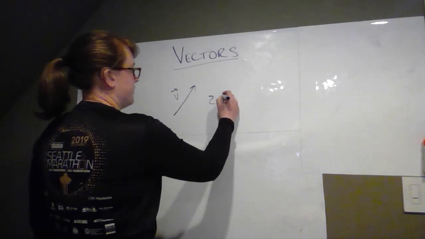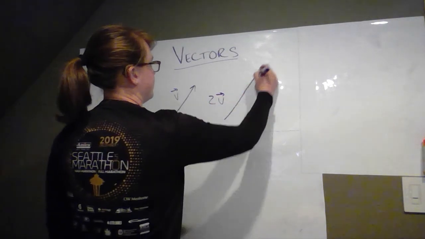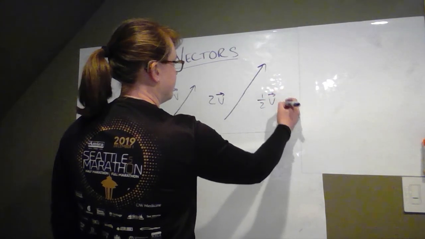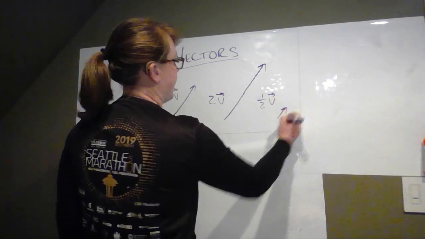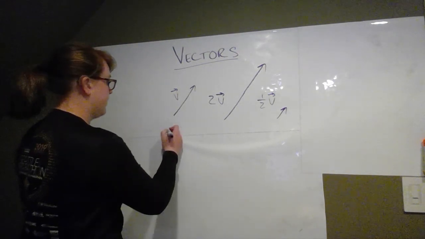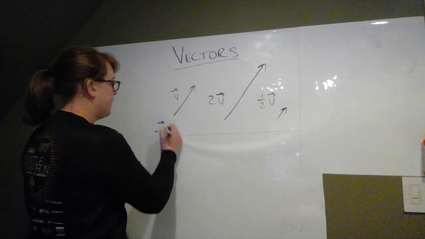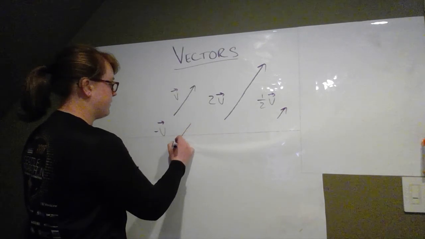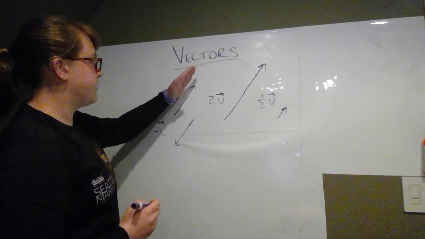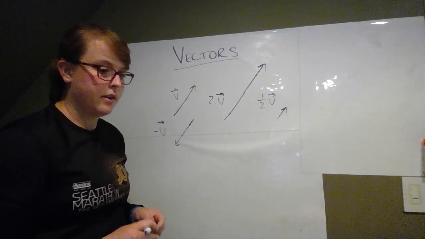Well, 2v would give me a vector that's twice as long. 1/2 v would give me a vector that is half as long. But what if I multiply it by a negative? What if we had negative v? That just changes the direction of the vector. So it's the same length, but instead of going this way, it now goes this way.